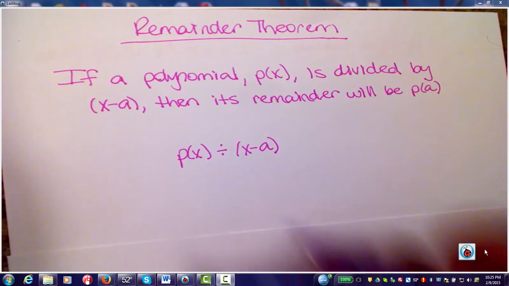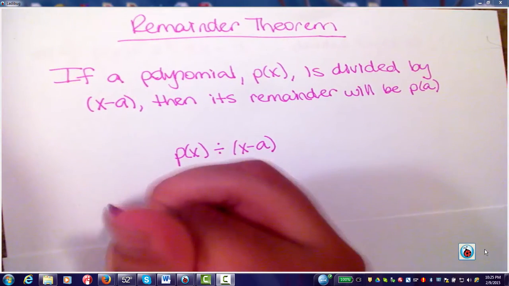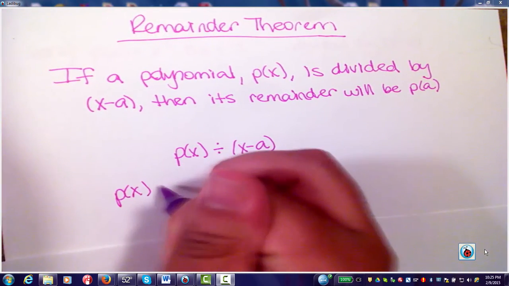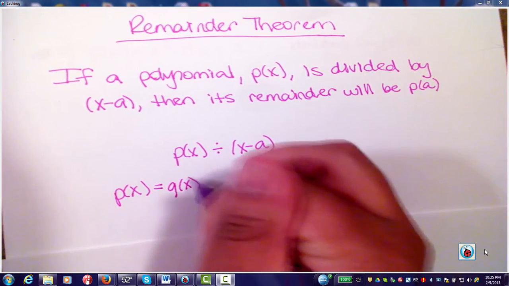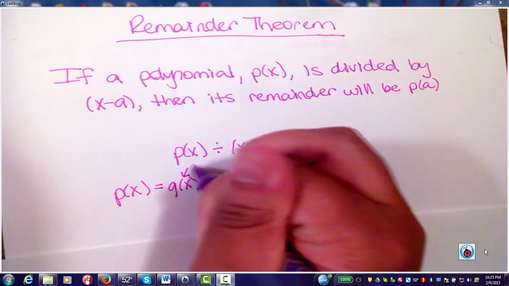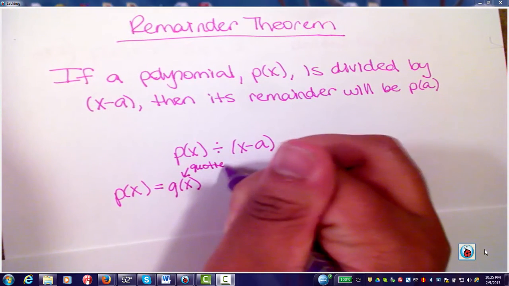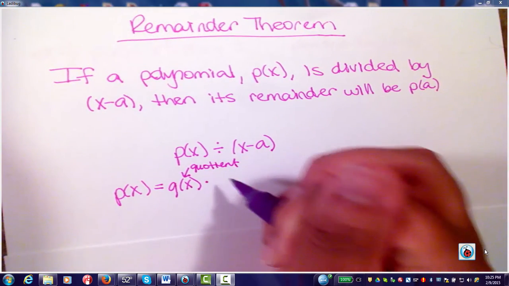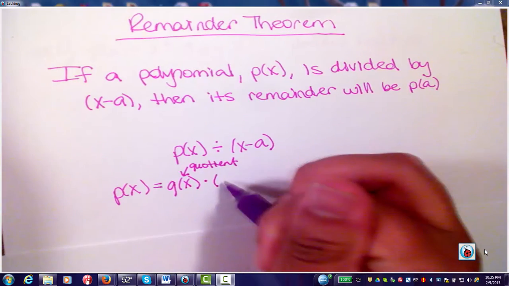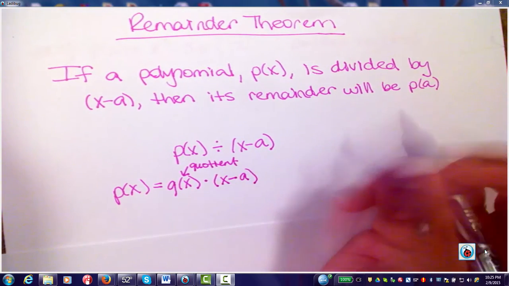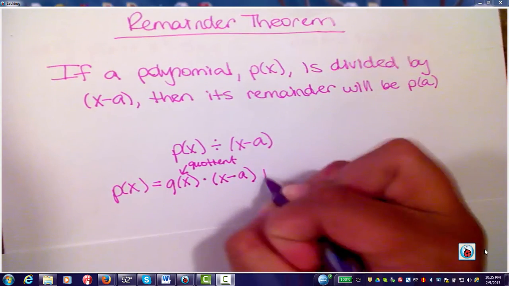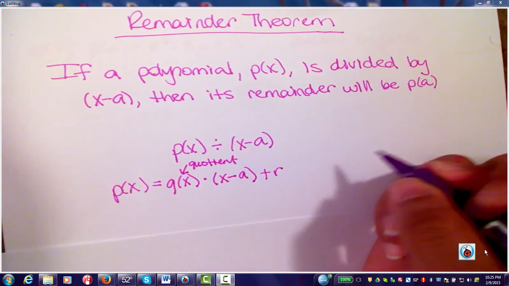So we can rewrite p of x as q of x, where q of x is the quotient, times the divisor, the quantity x minus a, plus r, where r is our remainder.